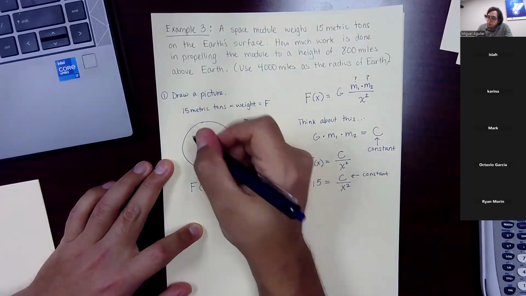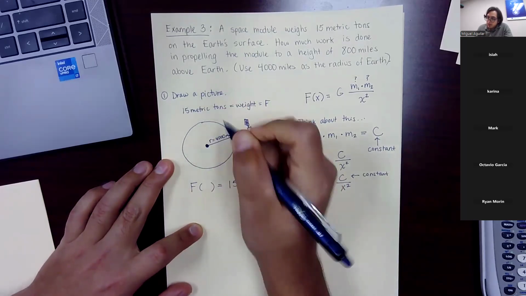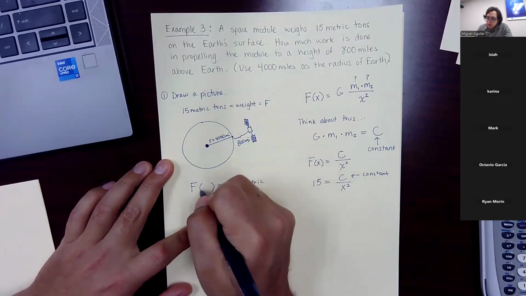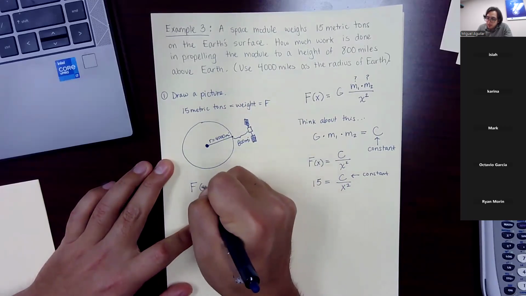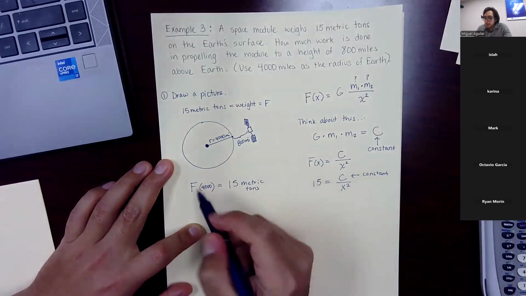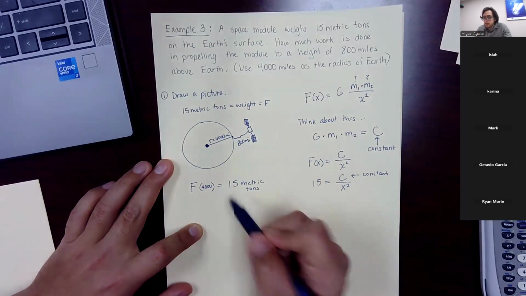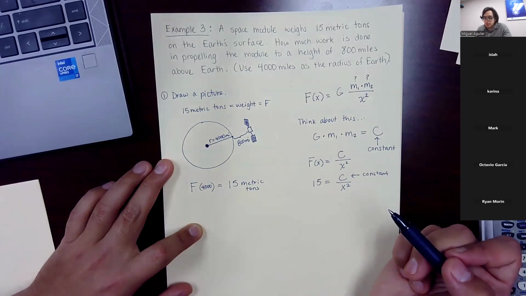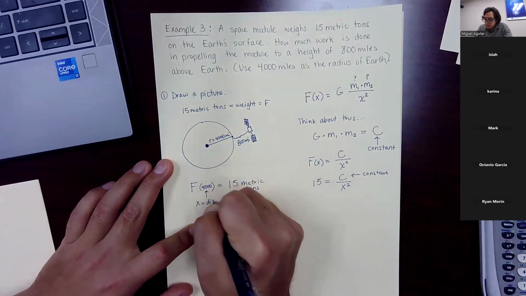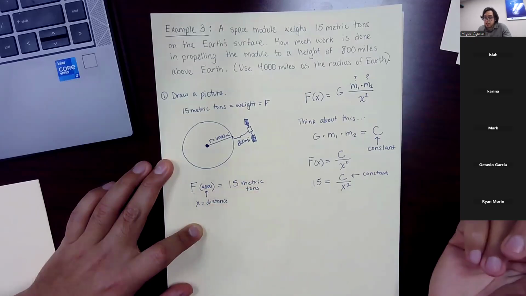So that means that from the center of the Earth to the Earth's surface, that initial x value is 4,000. So F of 4,000 is equal to the 15 metric tons. And this x value is the distance that gave us that force.